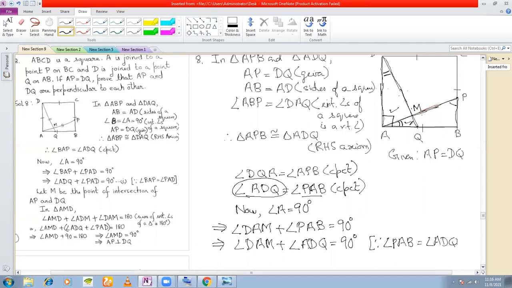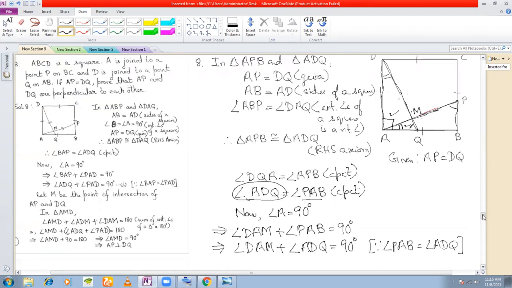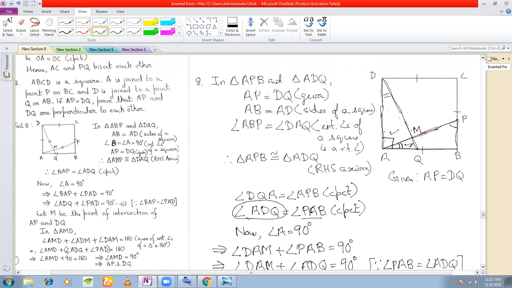Now look at what we have got: DAM and ADQ. DAM is this angle, and ADQ is this angle. Now look at this triangle.